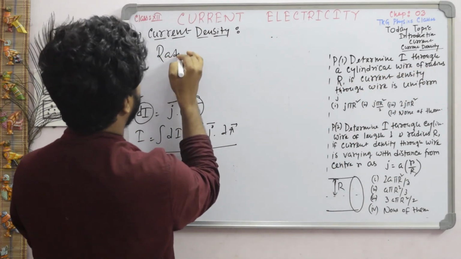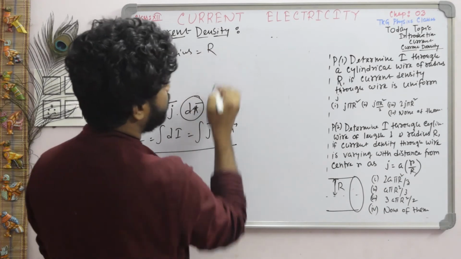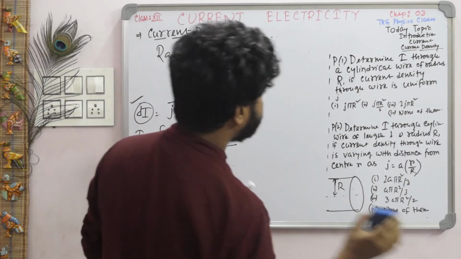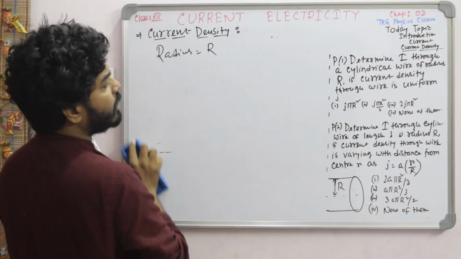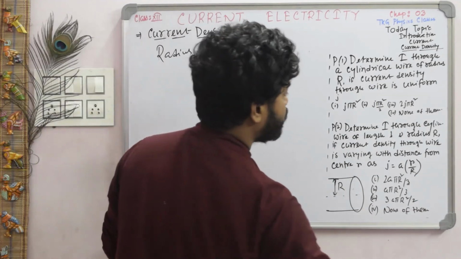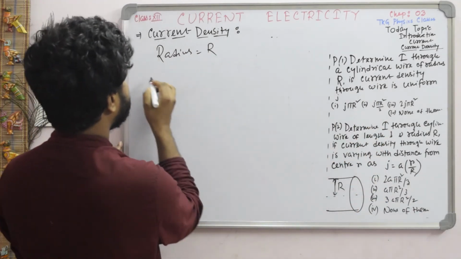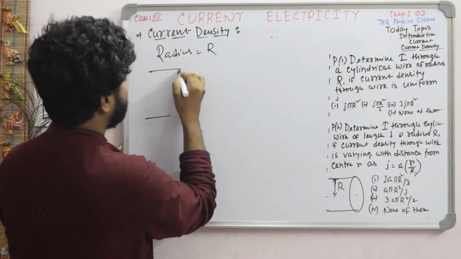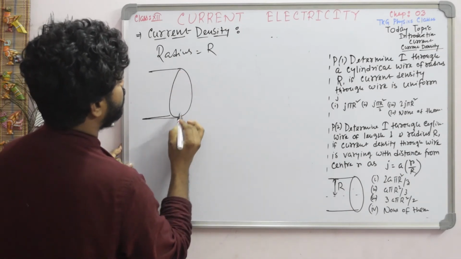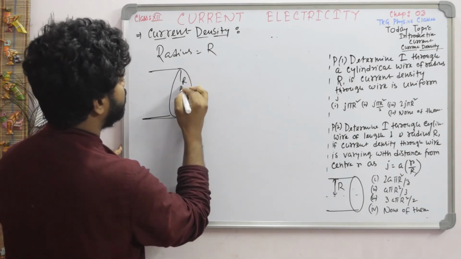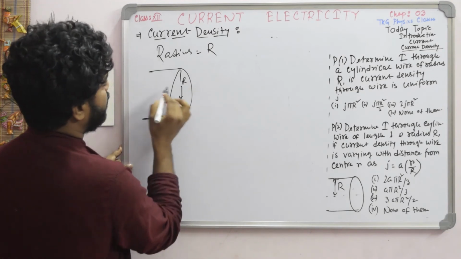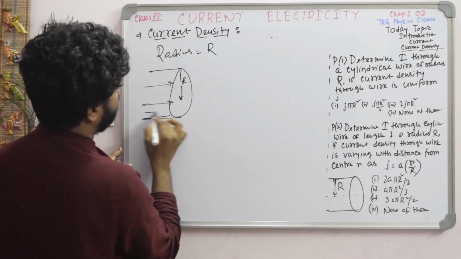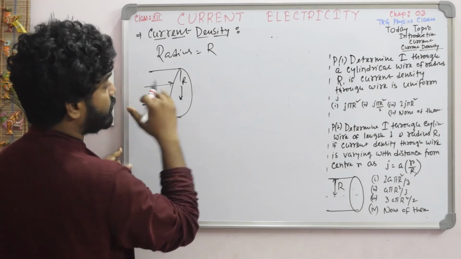Cylindrical wire of radius r is given, and the current density through the wire is uniform, and there are 4 options, you just check. So this is a cylindrical wire of radius r, and the current density J is uniform.